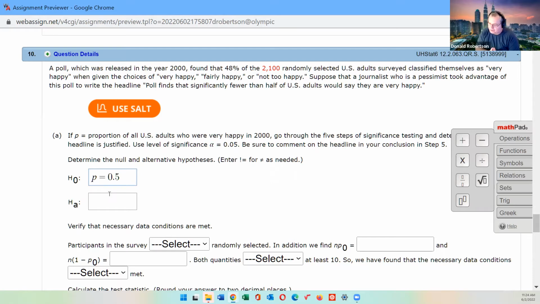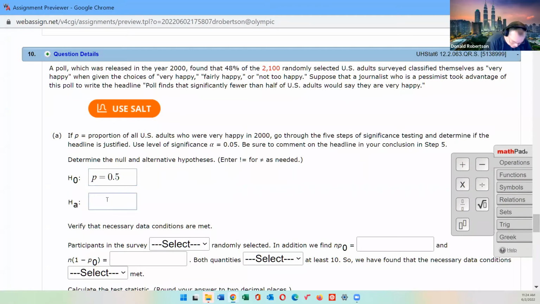If the question is about politicians winning an election, it's 0.5. If they talk about the majority of people, well, the majority is bigger than 50%. Now we want to show, or he's at least trying to prove, that less than half of Americans are happy. So that's the one we're doing.